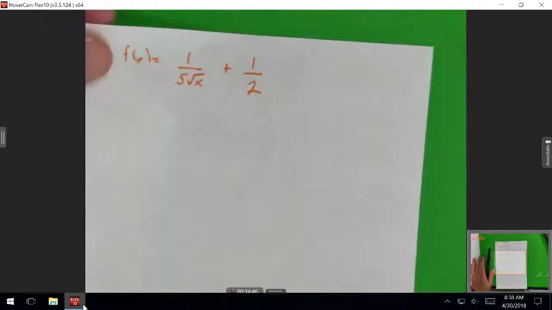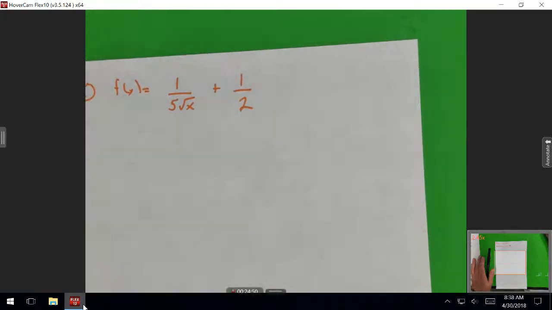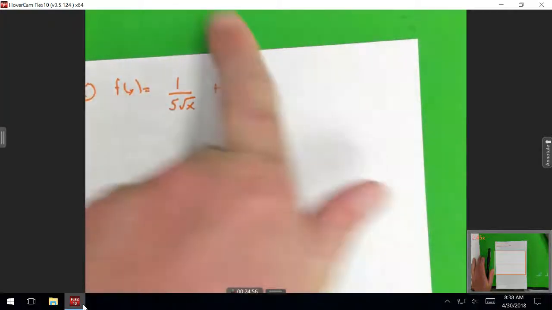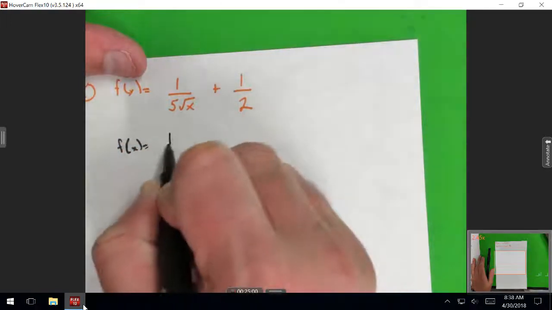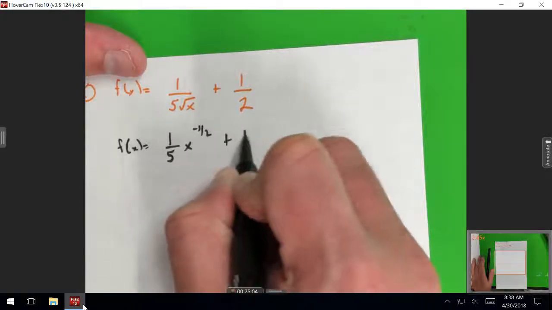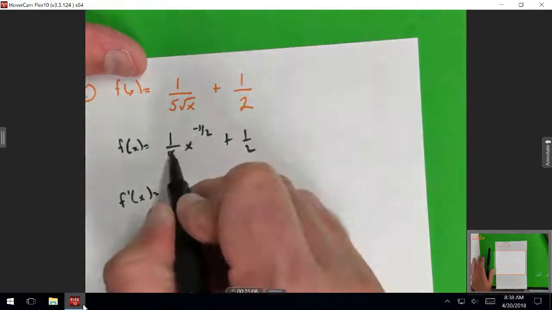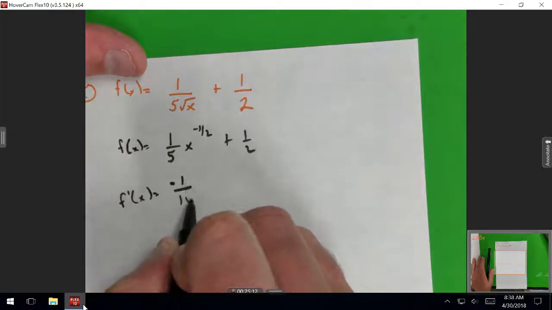Number 5. What's the only thing that catches your eye that you need to rewrite right here? Is the 1/2 okay? Yes, that's a constant. So what's the derivative of this? I don't have to worry about that, do I? Alright, so f of x equals 1/5 x to the what? Negative 1/2. So f prime would be negative 1/2 times 1/5 would be what? Negative 1/10.